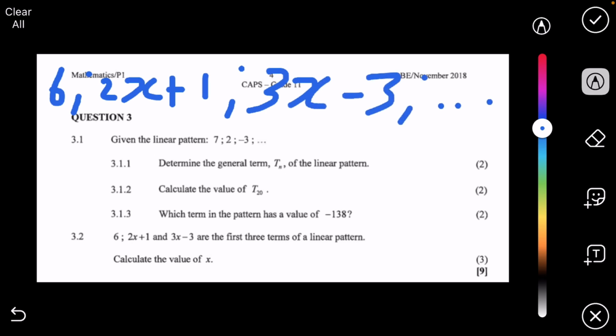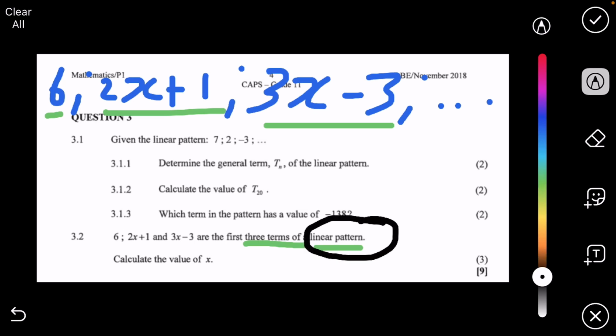These are the 1, 2, 3 terms of a linear pattern. Very important that you notice we're still dealing with a linear pattern. Again, you're given the 3 terms of that linear pattern. Now the question says calculate the value of x.